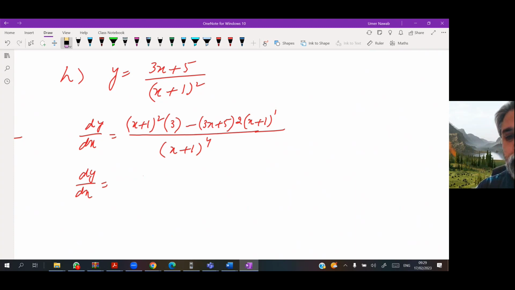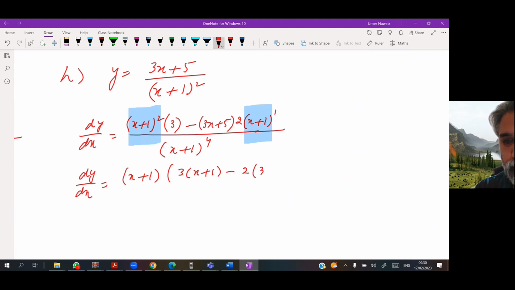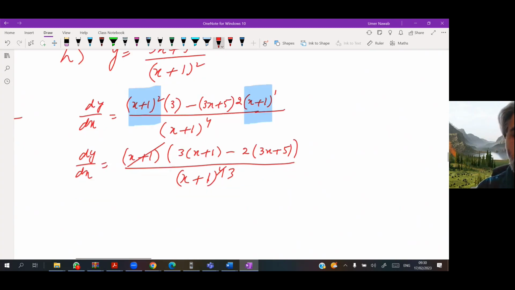If you allow me, otherwise, students can open the brackets. I can see here x plus 1 whole squared and x plus 1 is common. So I'm going to take x plus 1 common. What is left inside the bracket? 3 along with x plus 1 minus 2, 3x plus 5. This whole depends upon your algebra skills, guys. So x plus 1 cancels and leaves you 3.